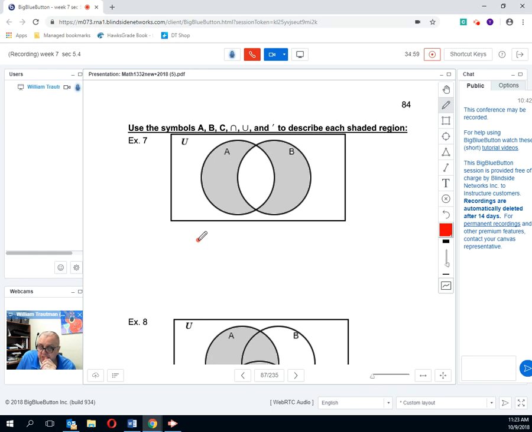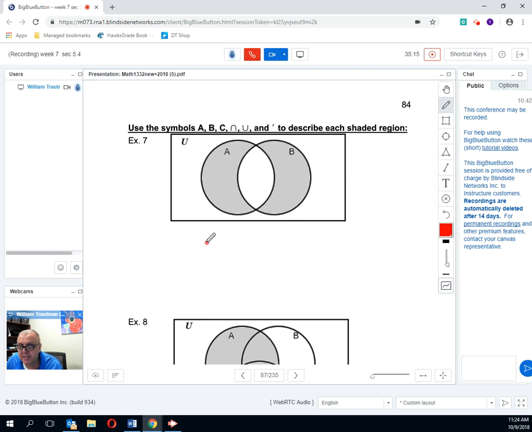So we want to do everything except, wait, use the symbols to describe each shaded region.